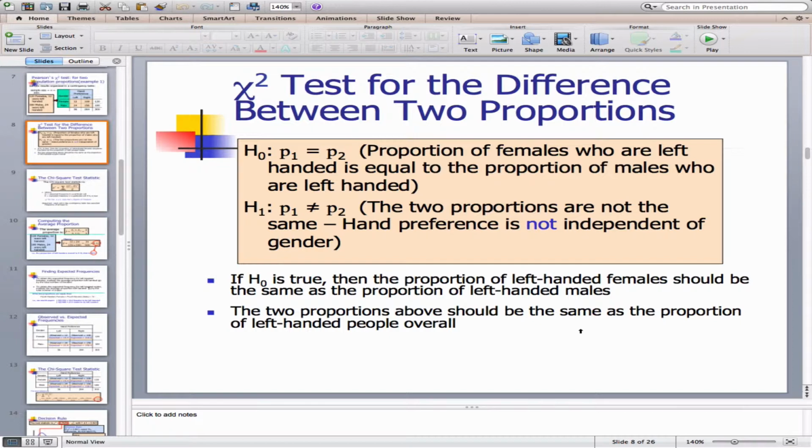Because if they are the same, that means whether you are female or male really has nothing to do with your preference of using right hand or left hand. So conceptually, that means gender is independent from the preference of hand choice.